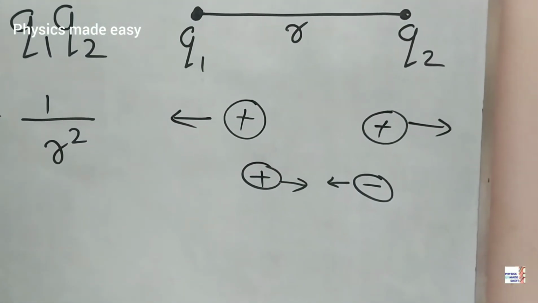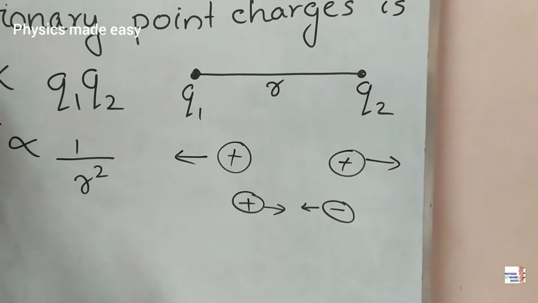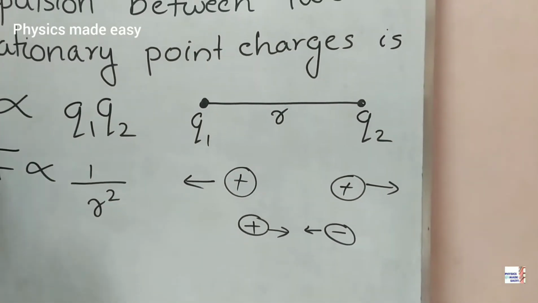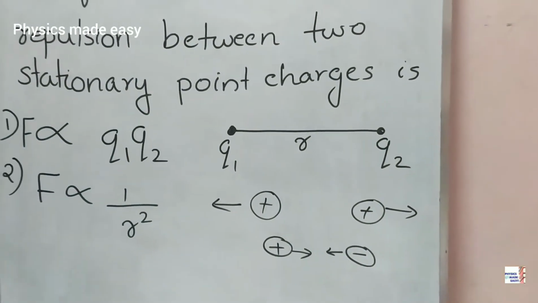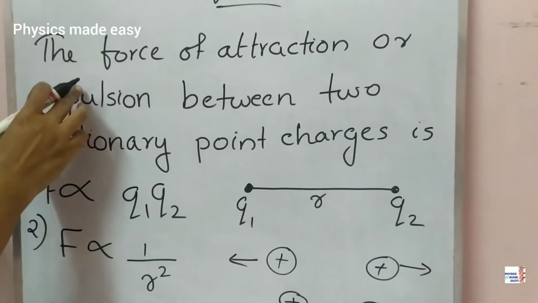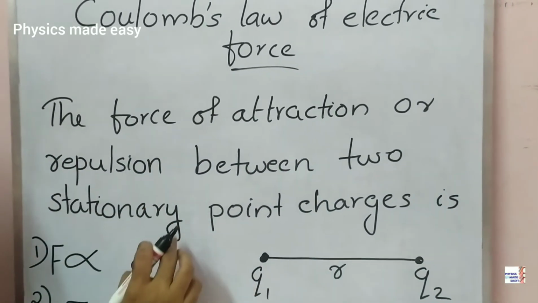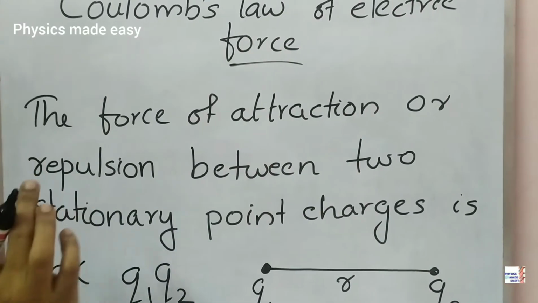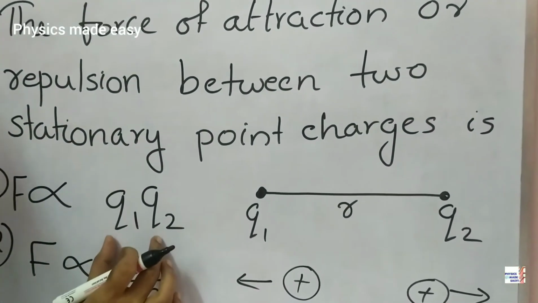By using this Coulomb's law, we can find the magnitude of the force of attraction or repulsion between these two charges. Let us see what the law is. The law states that the force of attraction or repulsion between two stationary point charges is directly proportional to the product of charges.